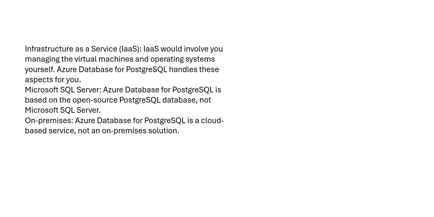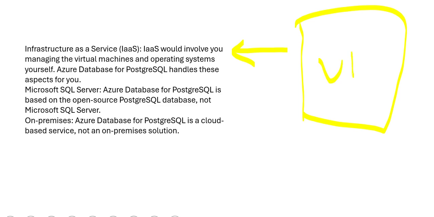When we talk about infrastructure as a service, we would build an Azure VM and we would put software there. That is not required in this case, because your Postgres database is not an IaaS. So this is wrong. And it is not SQL Server.